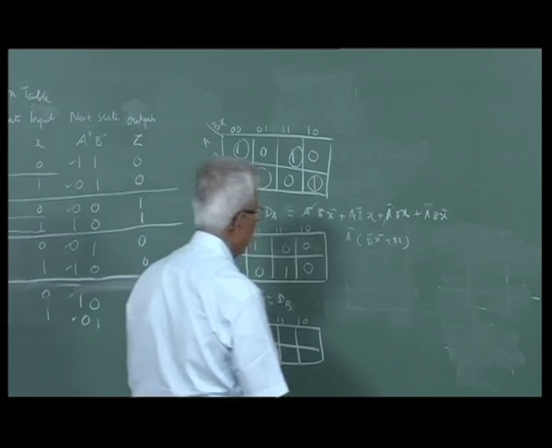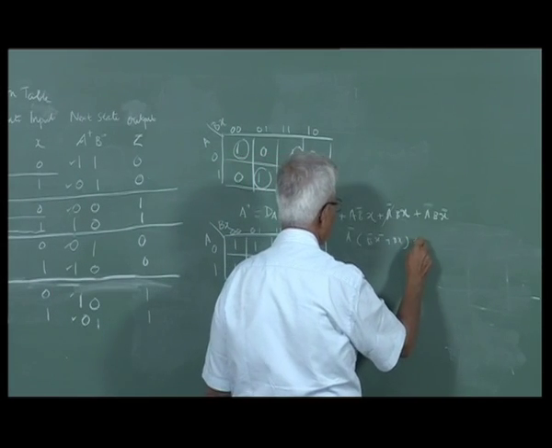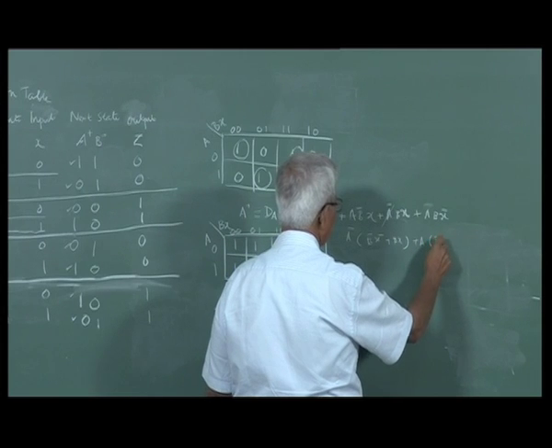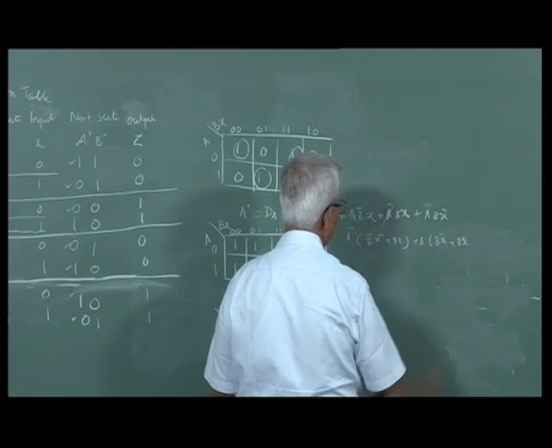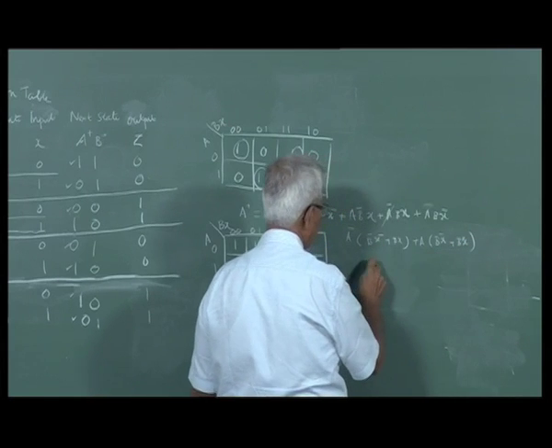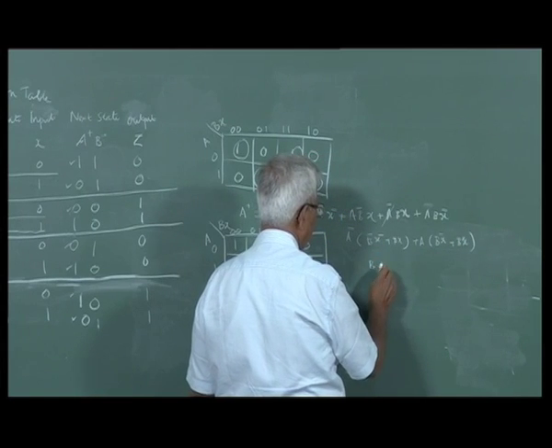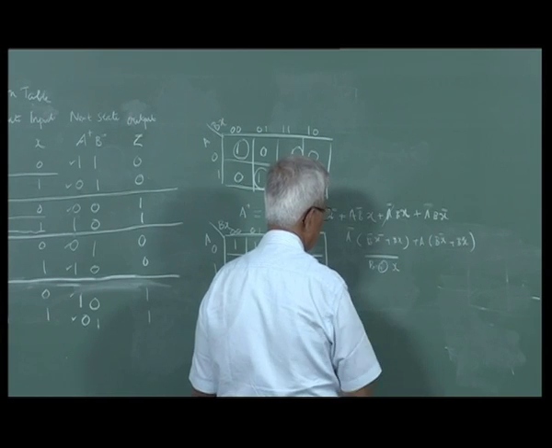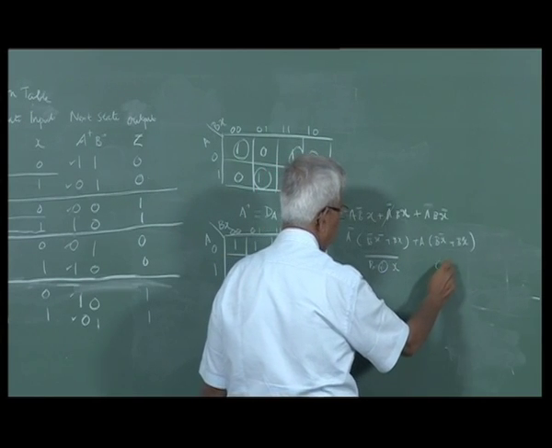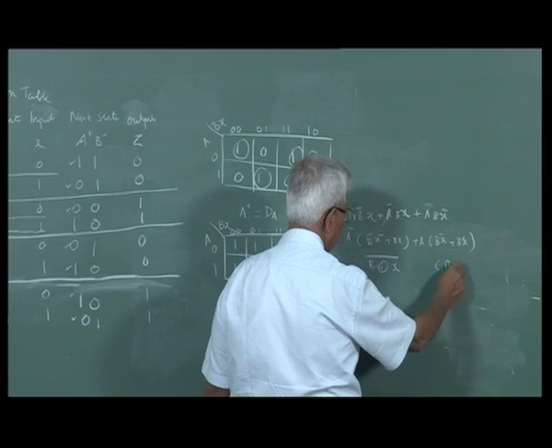So again you take A here, B bar X, Bx bar. So this is exclusive OR, B exclusive OR X. This is B exclusive OR X.